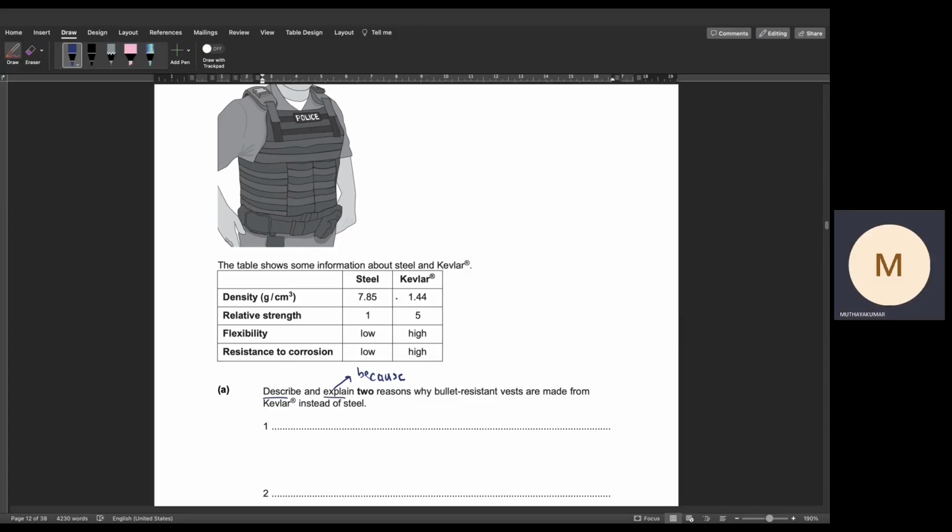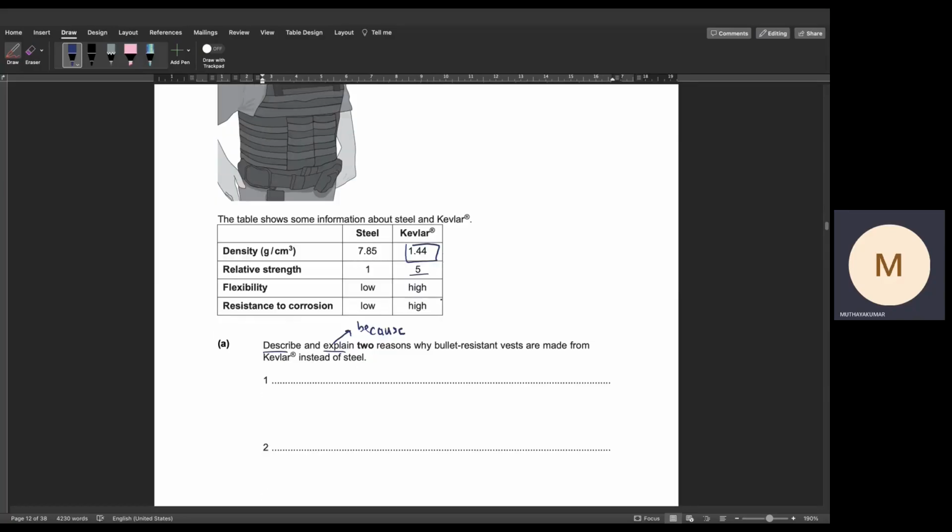So if we look at Kevlar versus steel, there are a couple of different things why one might opt for Kevlar. So we can see that the density is much lower. We can see that the strength is much higher. It's more flexible, and it has a higher resistance to corrosion. So on all 4 scales, Kevlar trumps steel. So we can pick any 2, and we can discuss why we can make bullet-resistant vests from this material.